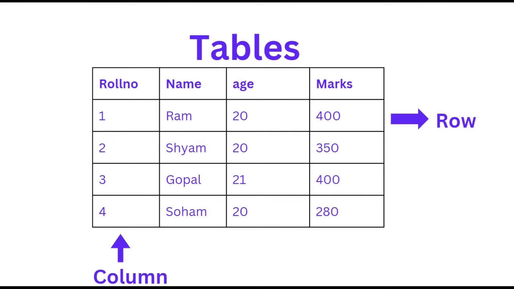And when we talk about the first row, that is 1, Ram, 20, 400, combined they are known as a tuple. Okay, so this is the concept of a table, that a table is made of rows and columns, and each complete row is known as a tuple.